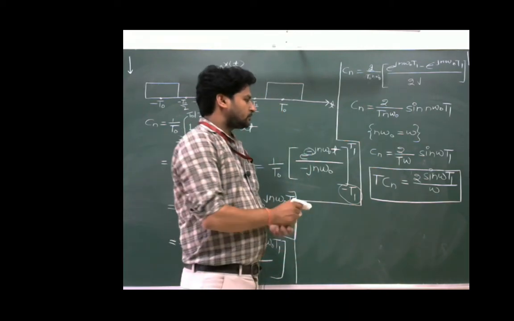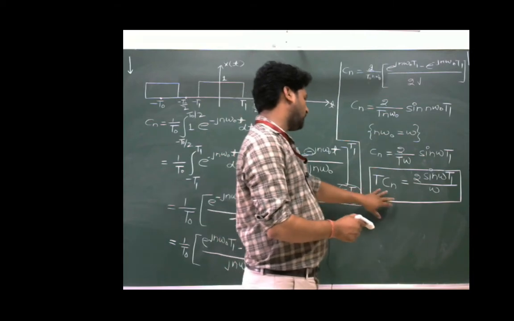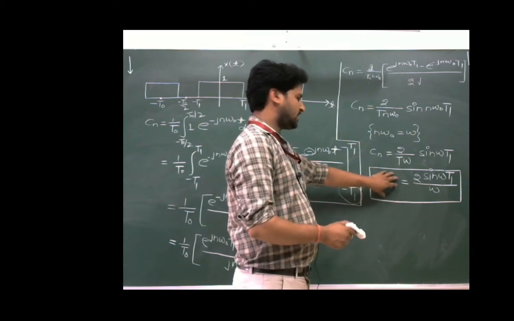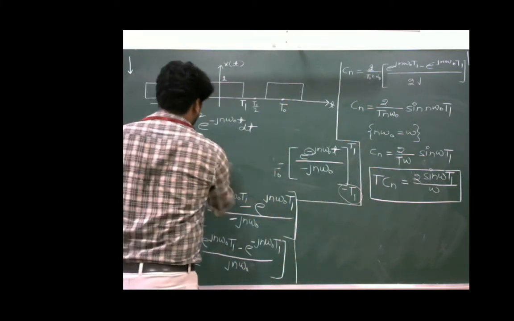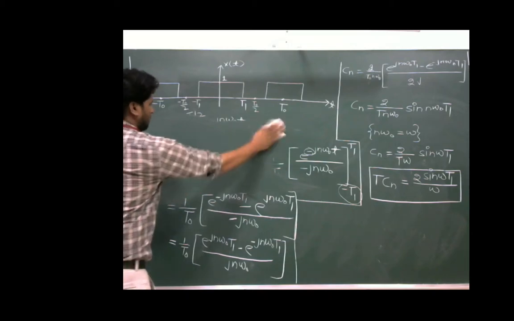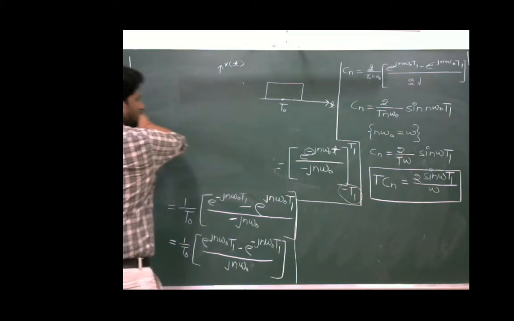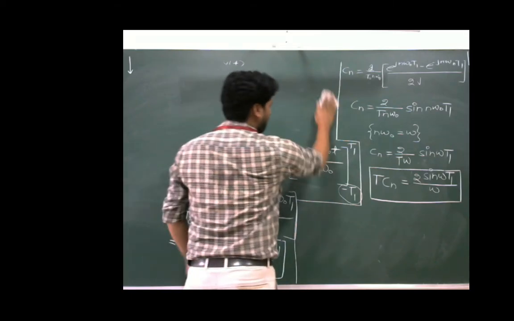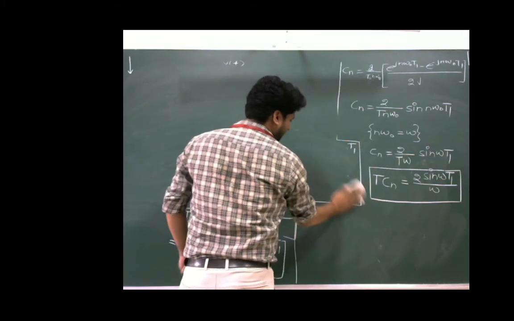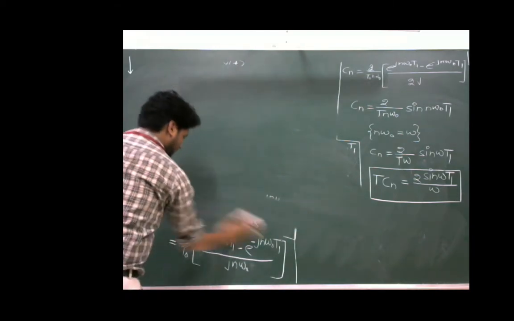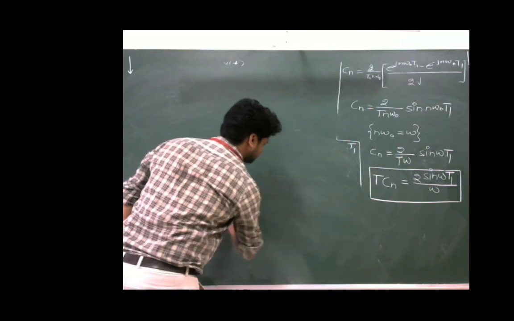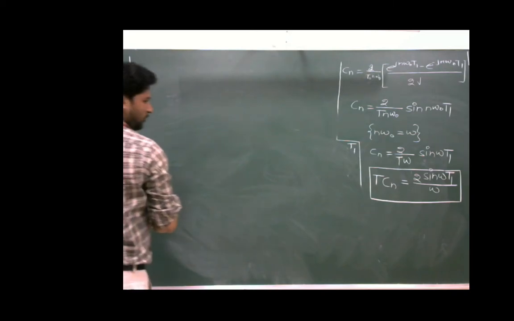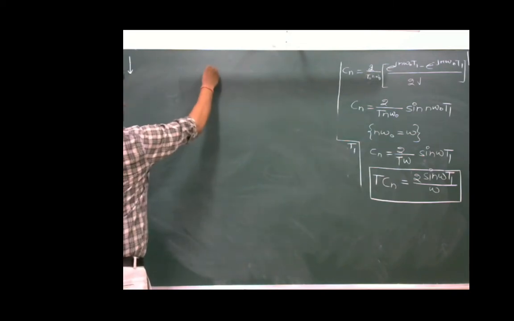Now, if I plot the magnitude spectrum of this coefficient Cn, how will it look? Magnitude spectrum means a graph between the magnitude of Cn and n omega naught, or we can say omega.